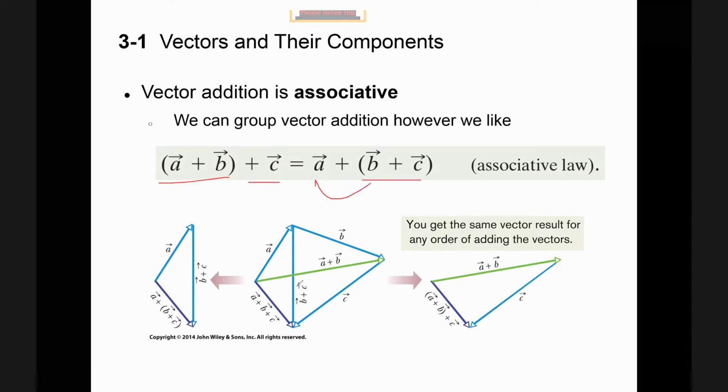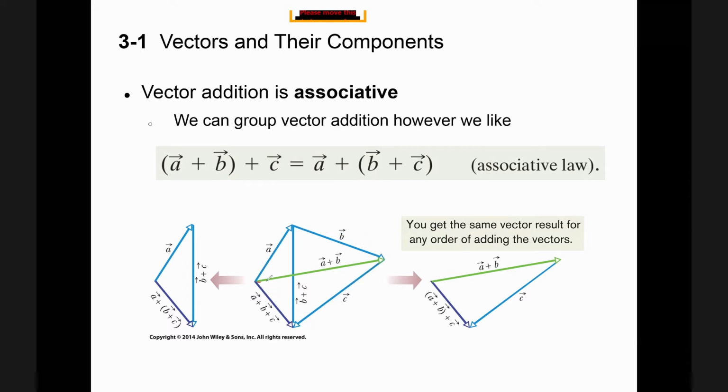Let's prove it. If you take here, this is vector A, and this is vector B, and this is C. Okay, now notice, what is A plus B plus C is this vector. Yeah, it's correct. This is A plus B plus C. But you still can get A plus B plus C if you do the following.